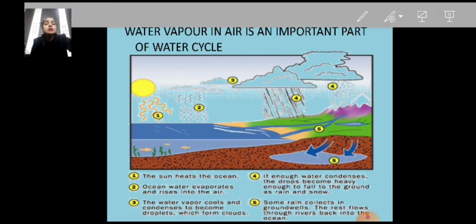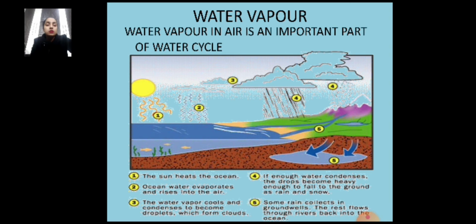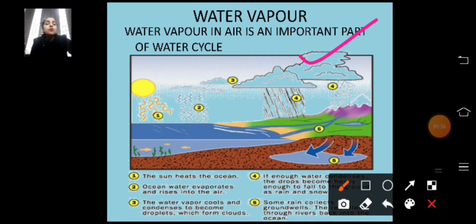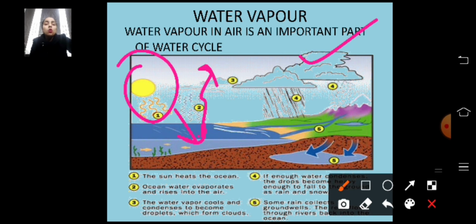Okay, so let's discuss water vapor first. Water vapor is a very important part of the water cycle. You can see here this is a water cycle. First of all, the sun heats the ocean, right? Ocean water evaporates and rises into the air. The water vapor cools and condenses to become droplets which form the clouds.